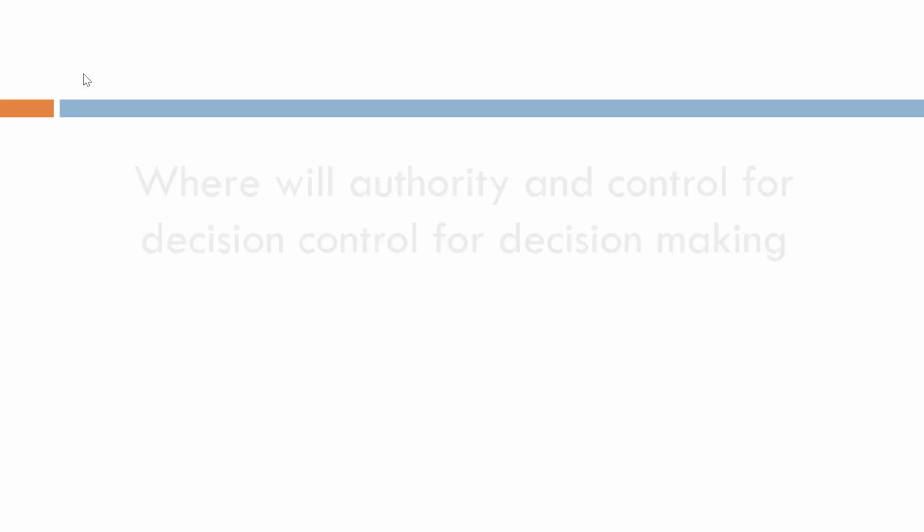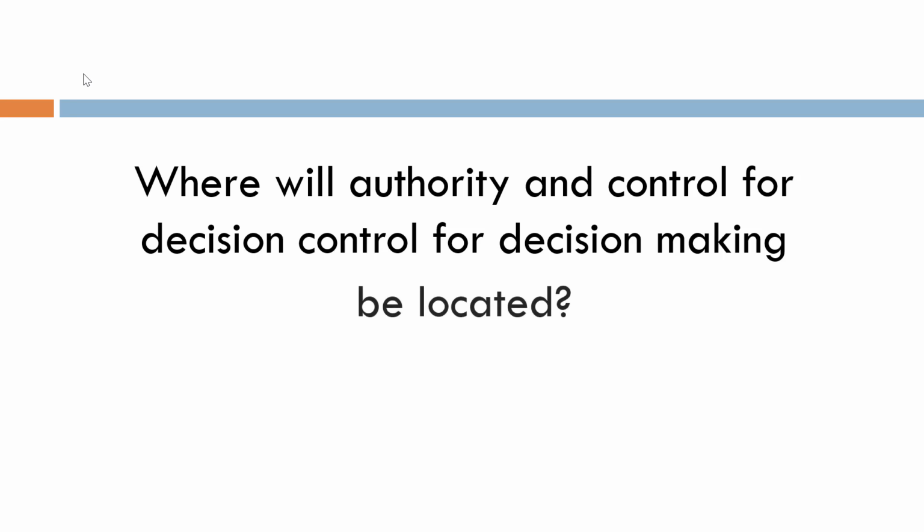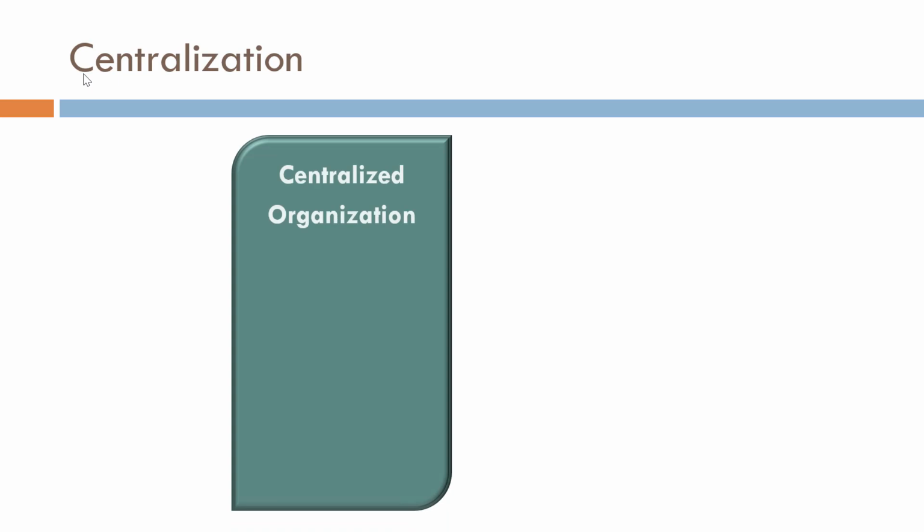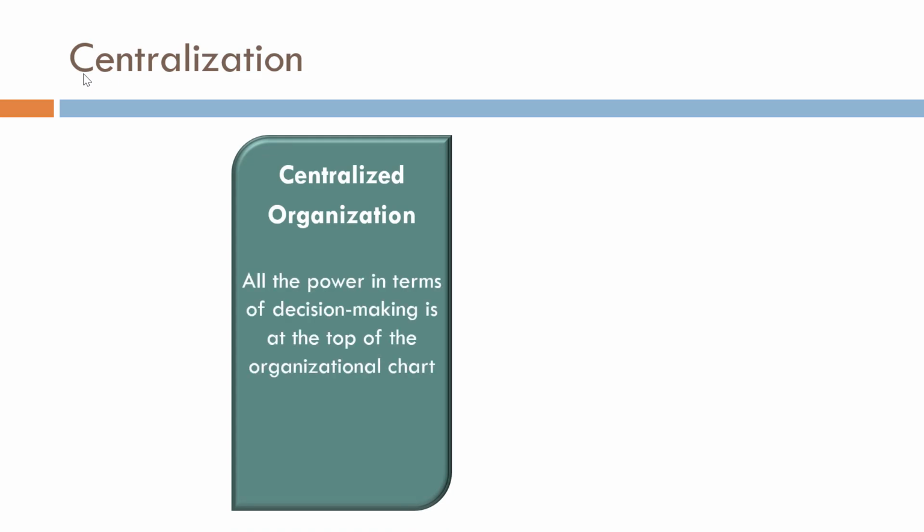Okay, so that first question was about where the authority and control for decision making is located. So under this question, we have a choice regarding centralization. In a centralized organization, all the power in terms of decision making is at the top of the organizational chart.